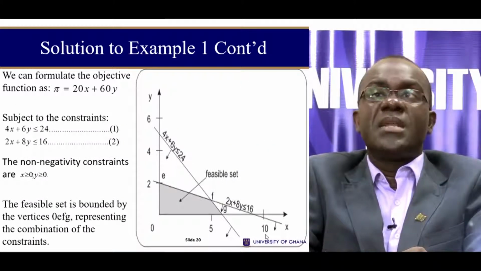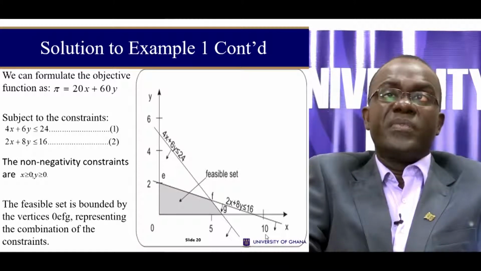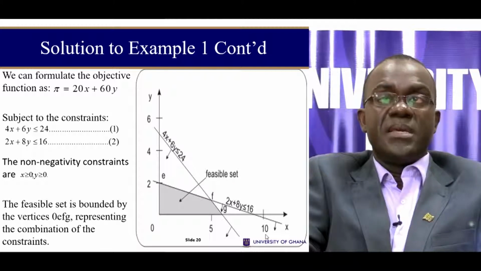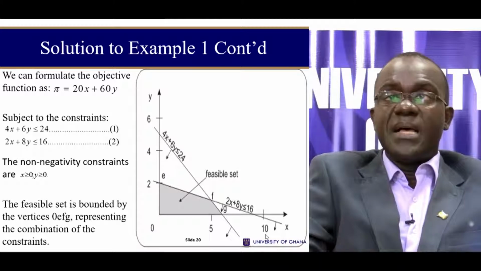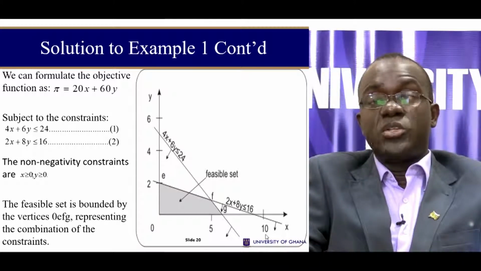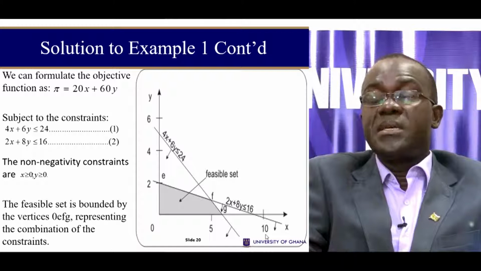So we are finding the maximum of this function subject to these constraints. With a graphical solution, we have to assume the non-negativity constraint because we are interested only in what happens on the positive side of the Cartesian coordinates.